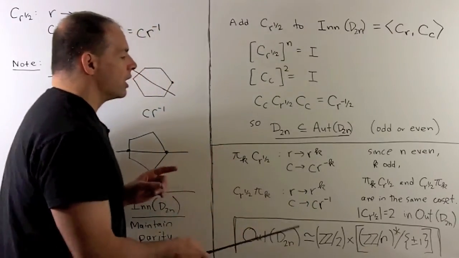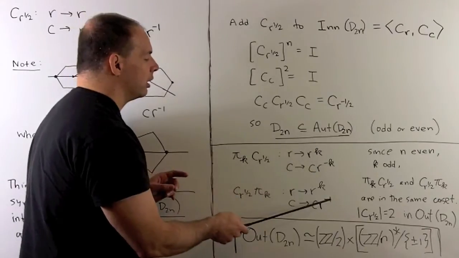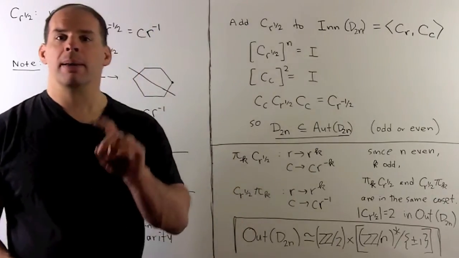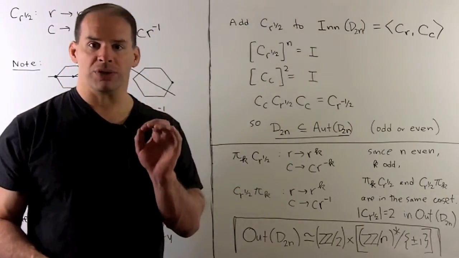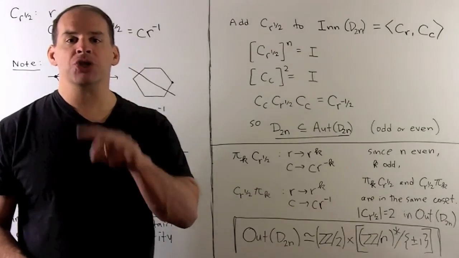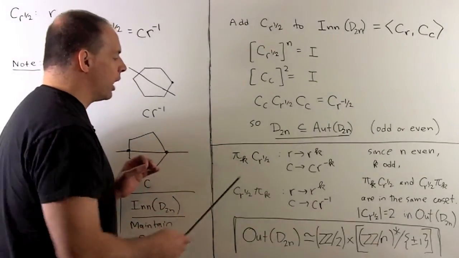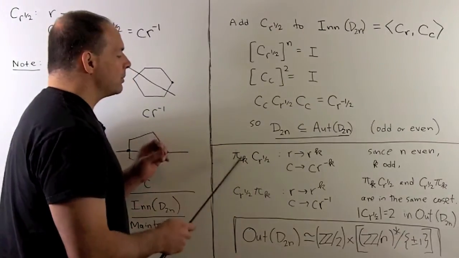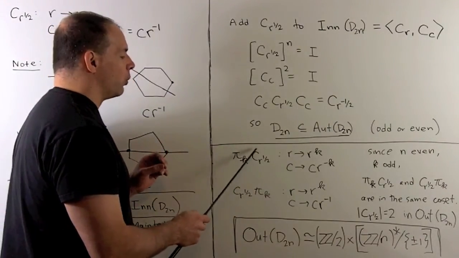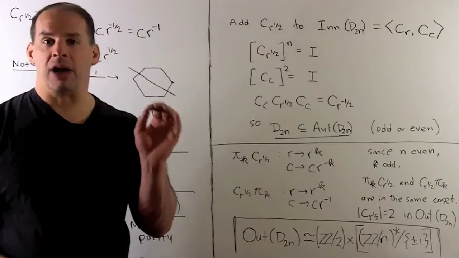Now, because parity is the same here, these live in the same coset modulo the inner automorphisms. So that means in Out G, we have these two elements are equal. So pi sub k and conjugation by R to the 1/2 commute in Out G.